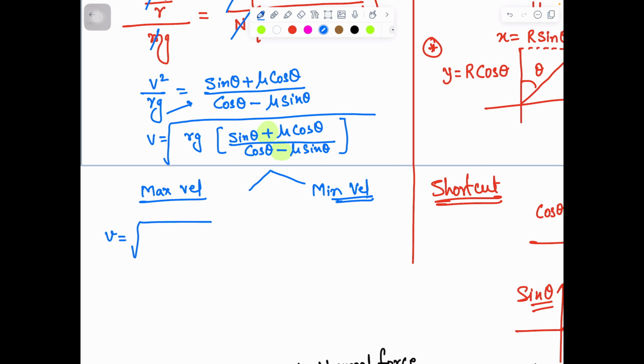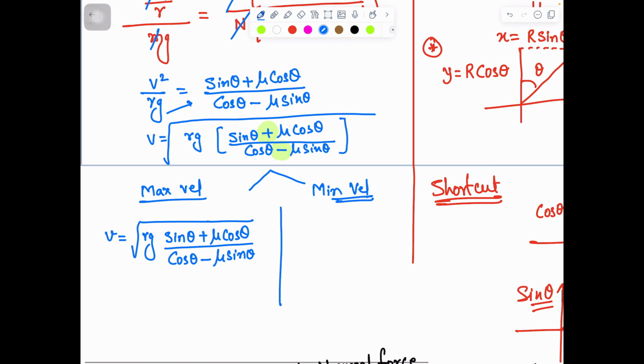In case of maximum, same formula: rg (sine theta plus mu cos theta) divided by (cos theta minus mu sine theta). Yes or no?